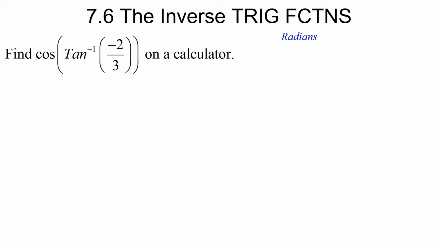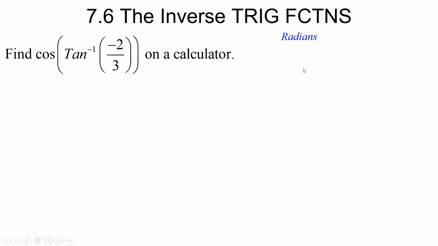Now, on a calculator, I'm going to punch that out just the way I see it. Cosine of inverse tangent, that would be second tangent key, inverse tangent of negative 2 divided by 3. Close that and close one more parenthesis. Double check cosine of inverse tangent of negative 2/3.